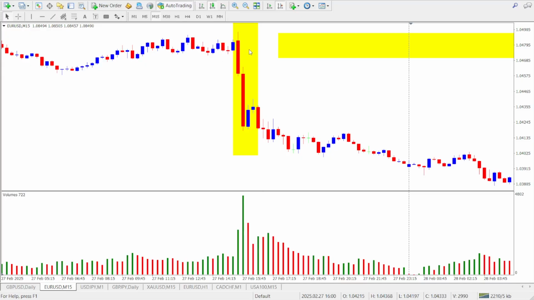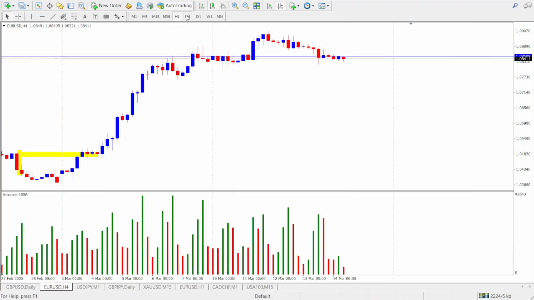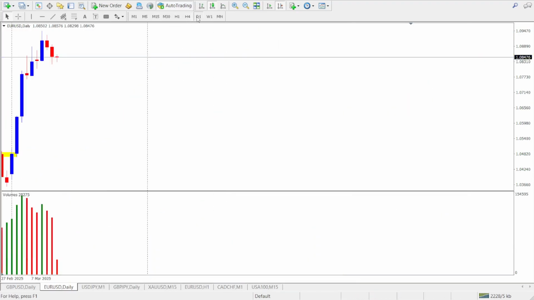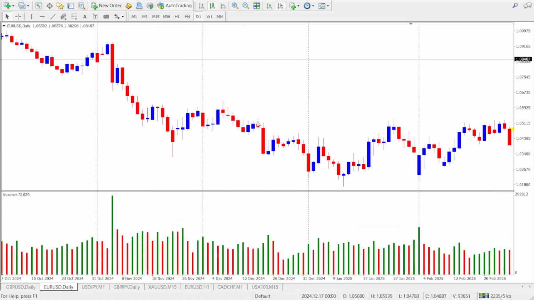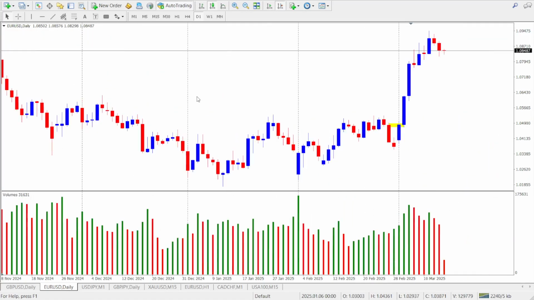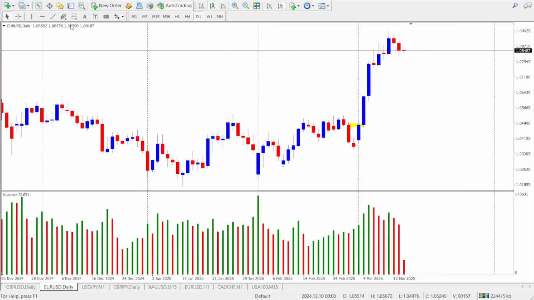And then you have to use the right time frames as well. Higher time frames like 1 hour, 4 hour, or the daily time frame reveal strong imbalance zones that hold weight in future price action.